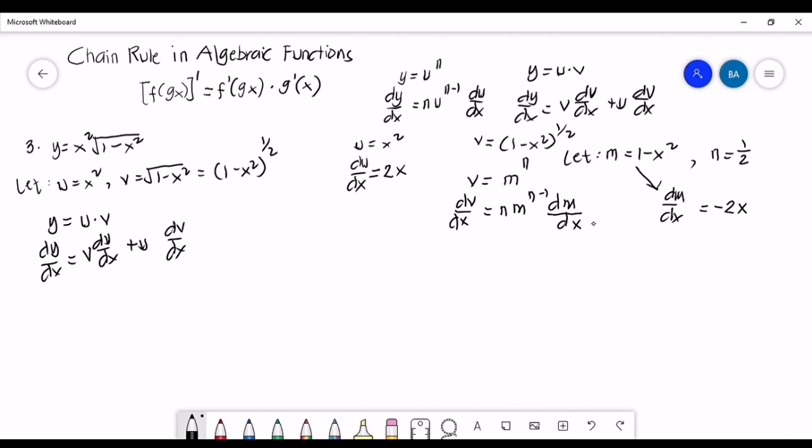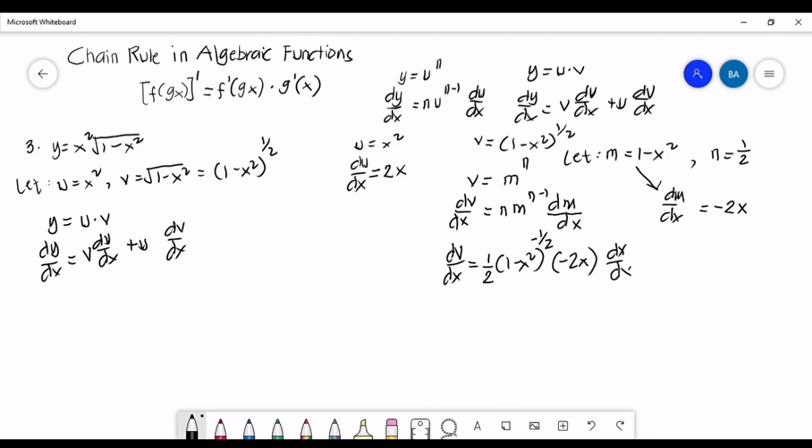So at this point, let's substitute: n is 1 half, m is 1 minus x squared. 1 half minus 1 is automatically negative 1 half. Then dm dx is equal to negative 2x, and then the derivative of x.